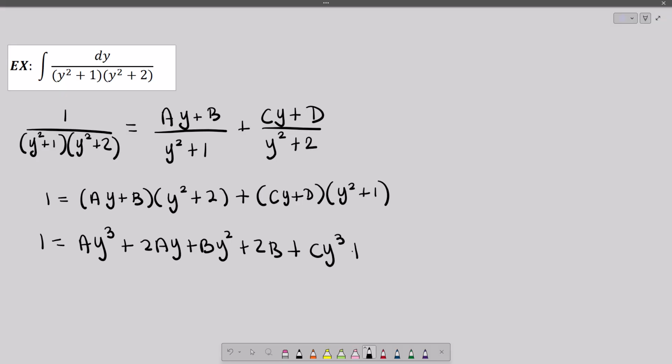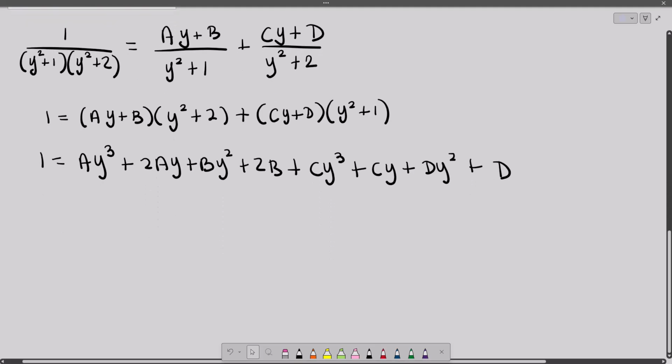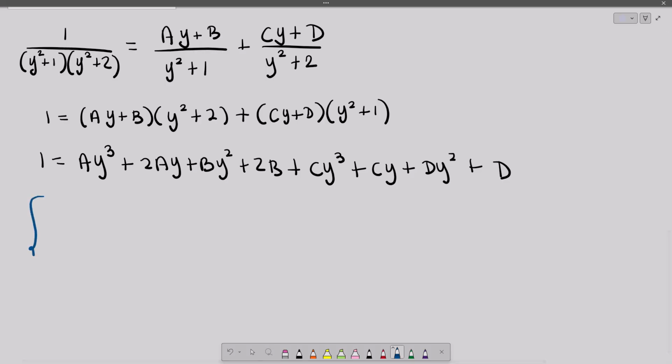Well, we have two x cubed terms. Put them together. We can get x cubed equals 0. Because we're solving for the other side of the equation, which is 0x cubed plus 0x squared plus 0x plus 1. We almost just did that. This is what we did.